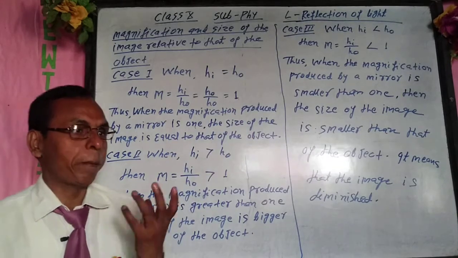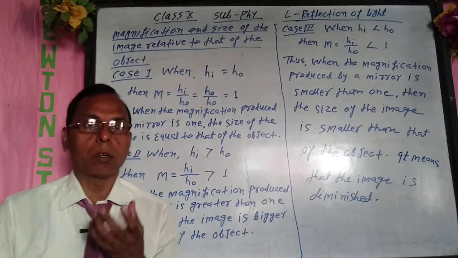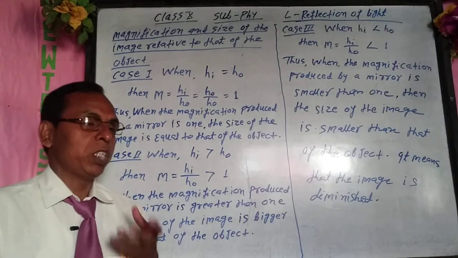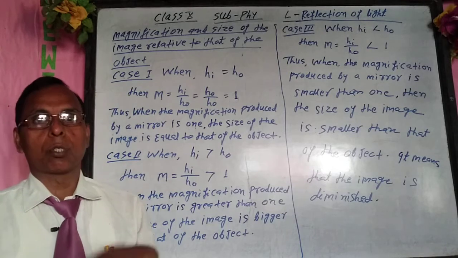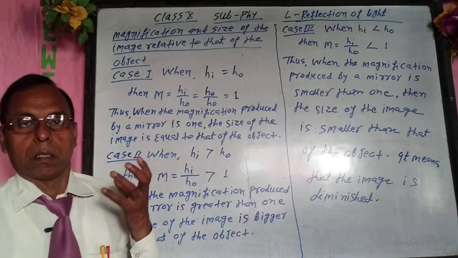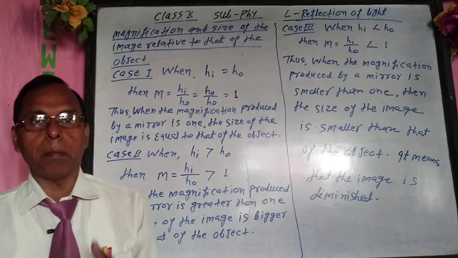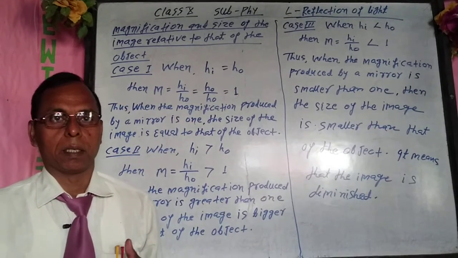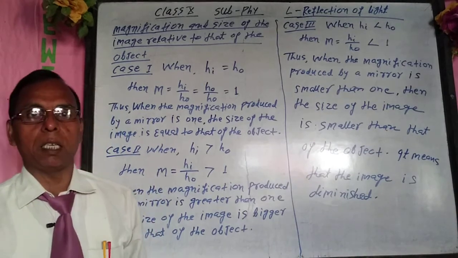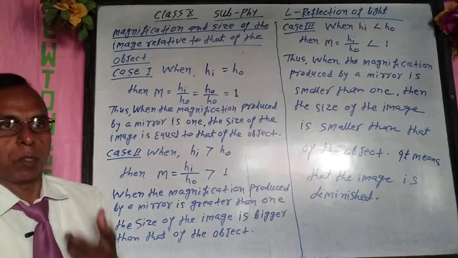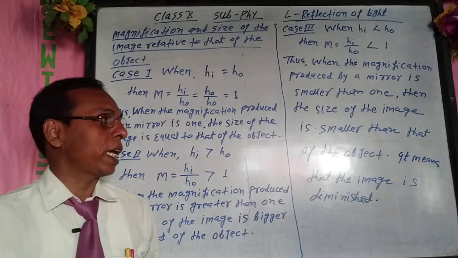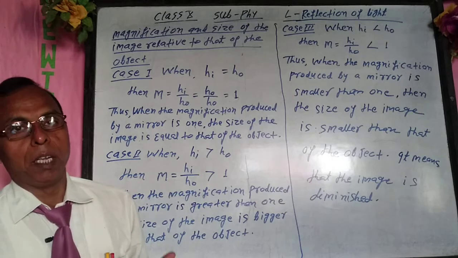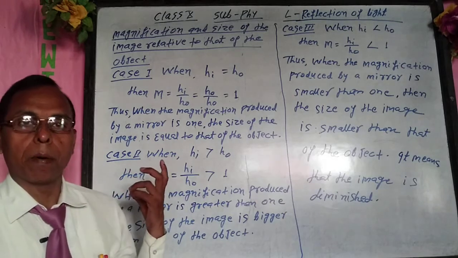When the magnification is equal to 1, this shows that the height of image is equal to the height of the object.